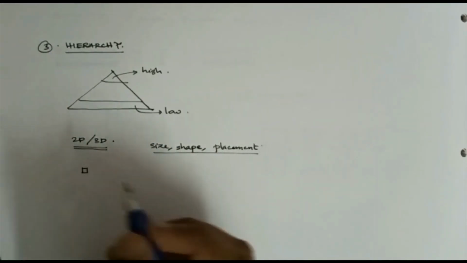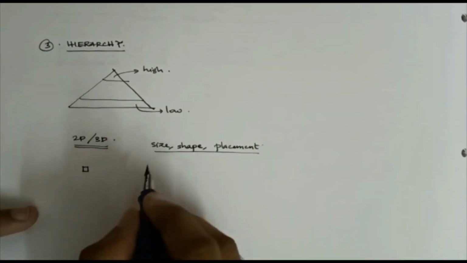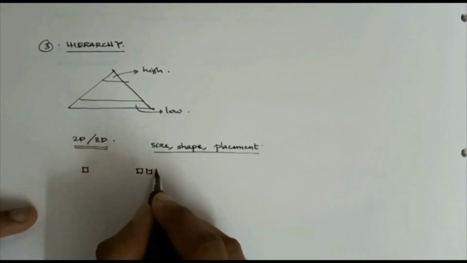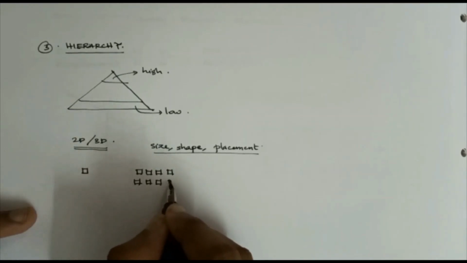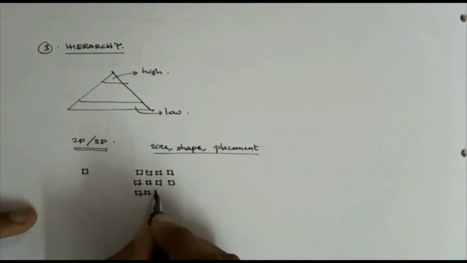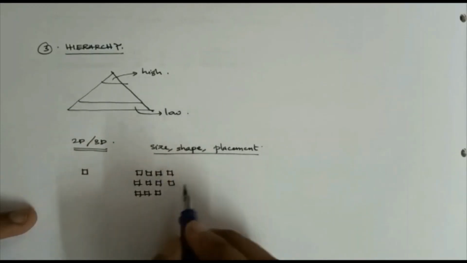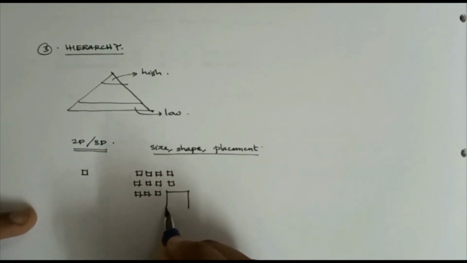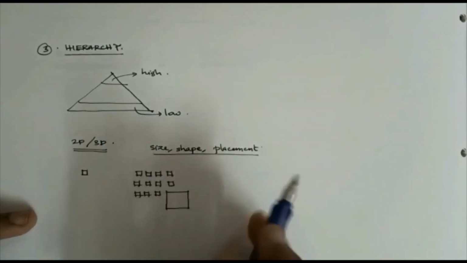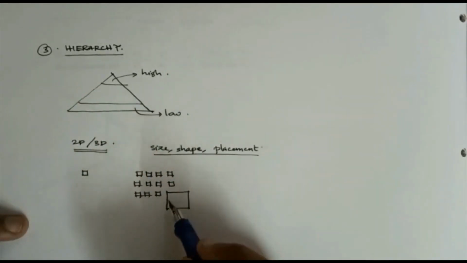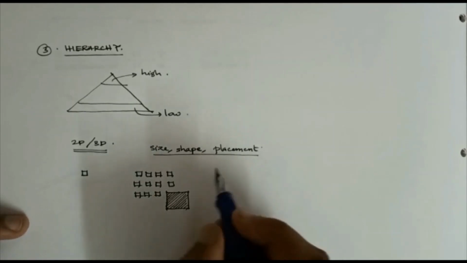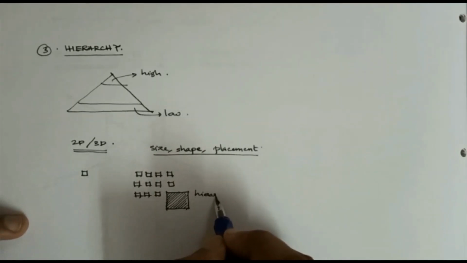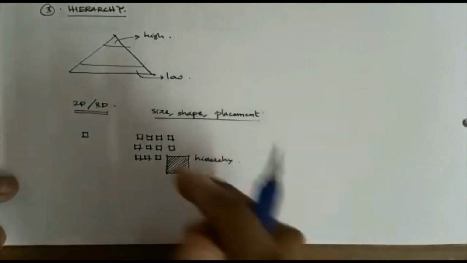Imagine I am taking a square as an entity, and I am creating a composition of squares. At one particular instance, if I change the size of it, making it a bigger square, then if you look at this as a whole composition, you will automatically see that this particular square is given a hierarchy. Now how in terms of shape?